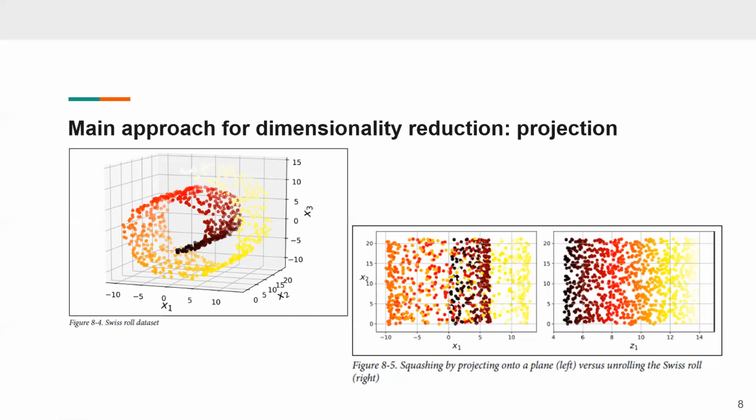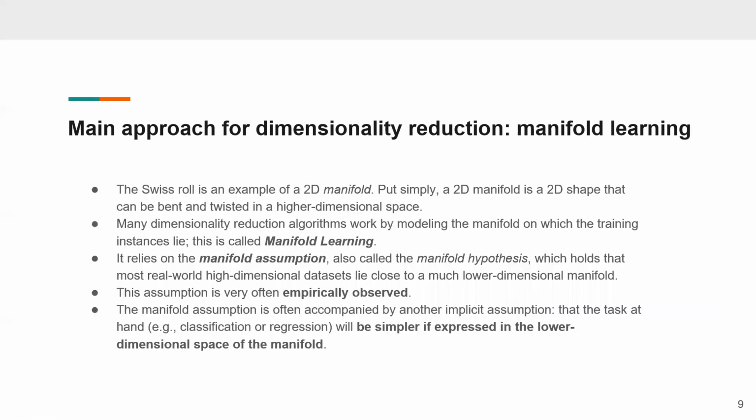So sometimes projection may not work. That comes to the point that we want to discuss something called manifold learning. That's the second approach that you should usually take in dimensionality reduction. One of them is projection, the second one is manifold learning. The Swiss roll example is a 2D manifold.